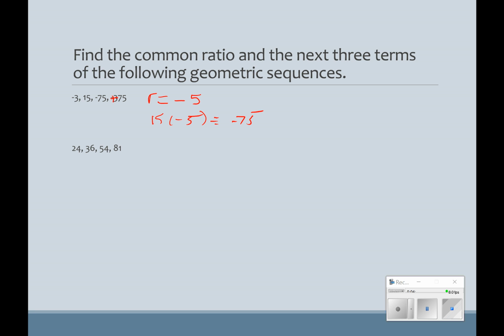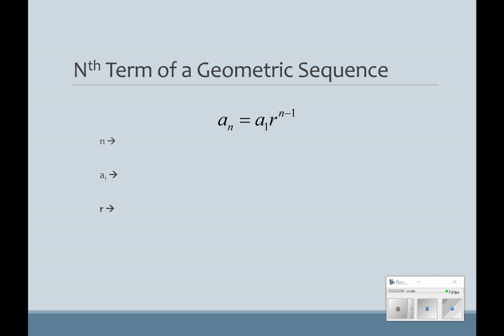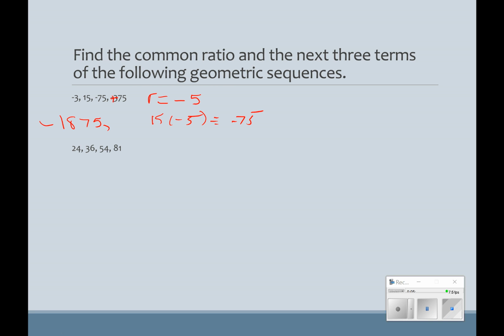So 375 times -5 is -1,875. And then I'm going to take that and multiply by -5. And that's going to give me 9,375. So those are my next terms.